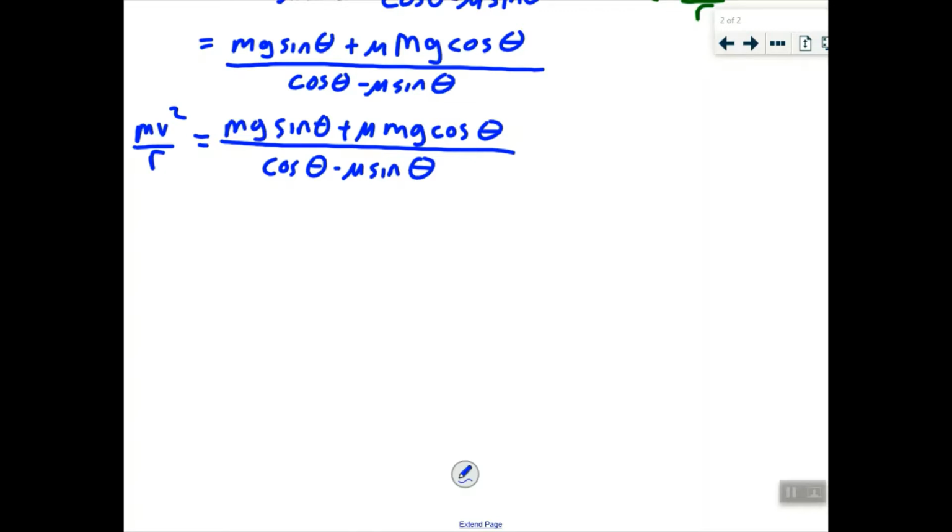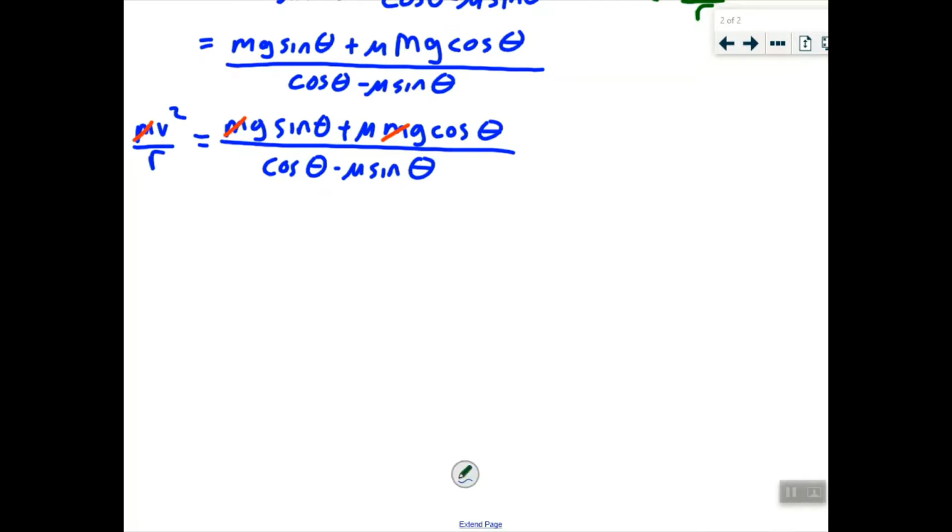And what I see here is, first of all, m cancels, because every single term here has an m in it, every single term across the top. So I could factor m out on the right side and divide both sides by m, and m is gone. The second thing I can do is look for common factors.